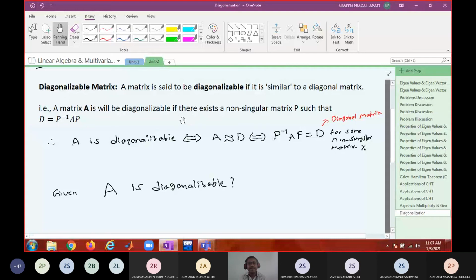Did you realize? A will be diagonalizable if there exists a matrix P satisfying this condition. But how do we know there will exist such a matrix P or not? Can you ensure that there will exist a matrix for a given matrix A satisfying this condition, or can you say that there will not exist such a matrix?